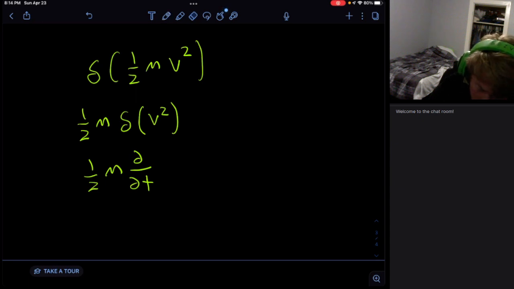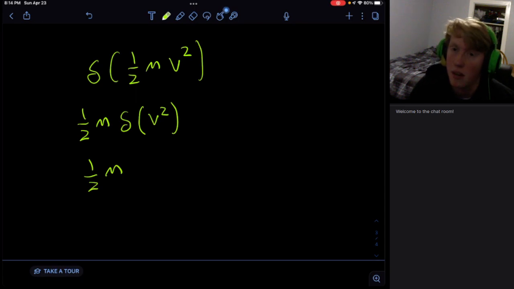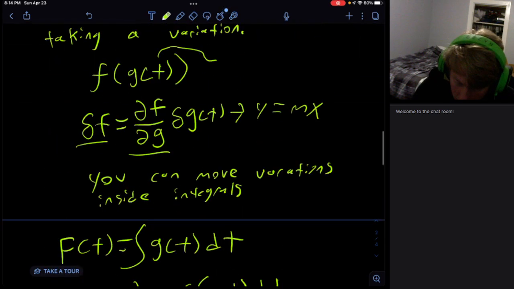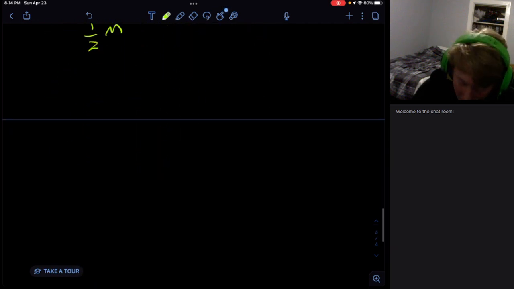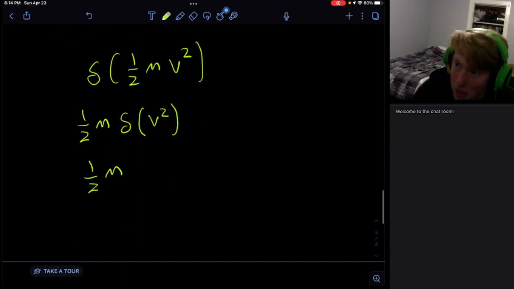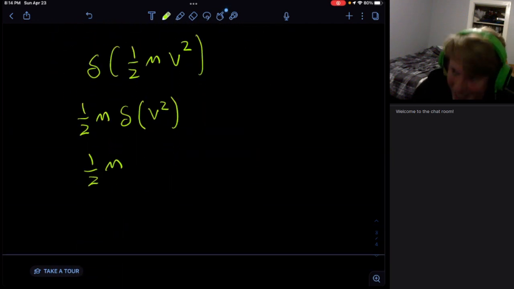Actually, I don't think that's what we're doing. What we're actually doing is taking the partial derivative with respect to v. That makes more sense. So basically, when you're doing these integrals and trying to figure out what to take the partial derivative of, take the derivatives with respect to the variables that you're trying to find and their derivatives. I can't believe that I blanked on that one.